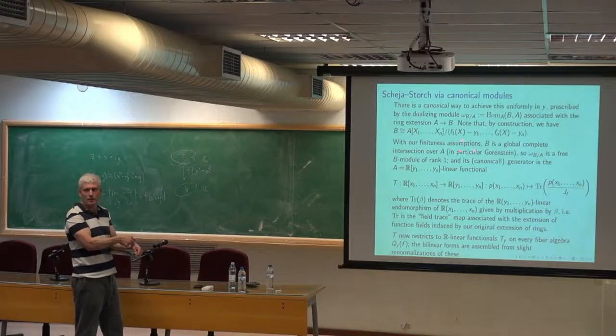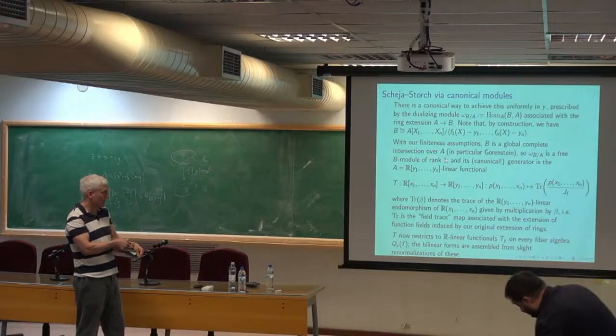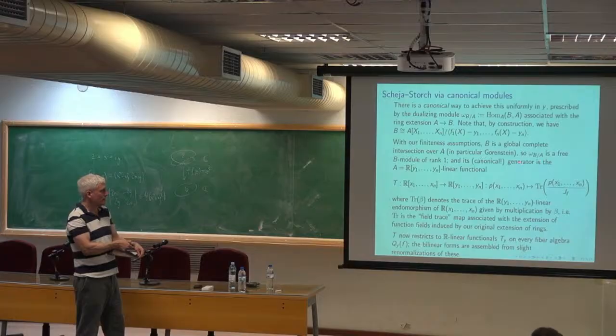So because of our finiteness assumptions, this algebra B is actually just a global complete intersection over A, so in particular it's Gorenstein, which means that the dualizing module, which again is the module instantiation of the relative sheaf of Kähler differentials, or the dualizing sheaf, is a free B module of rank 1, and this is what was worked out in the 60s.